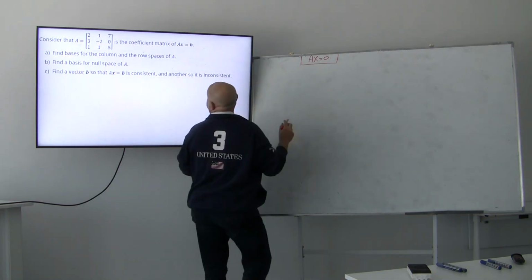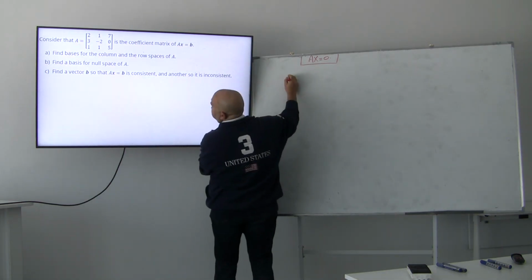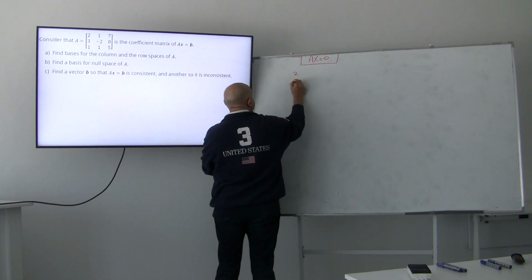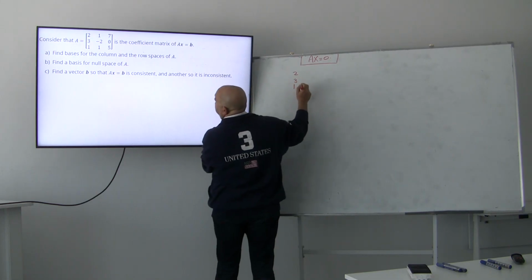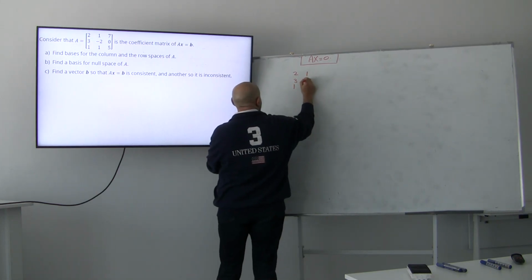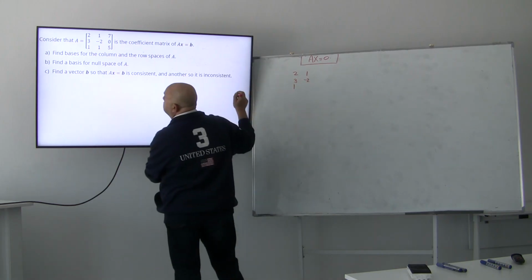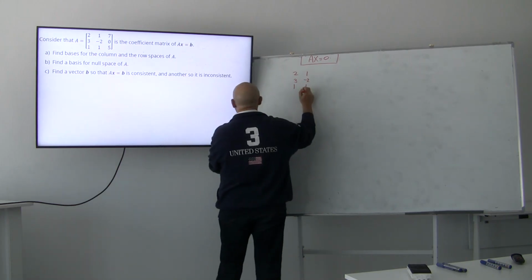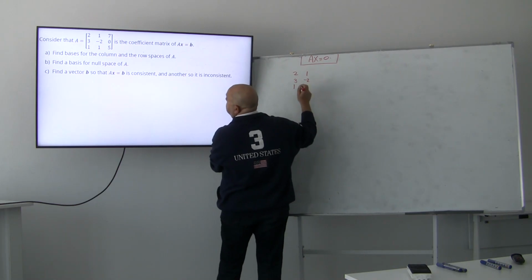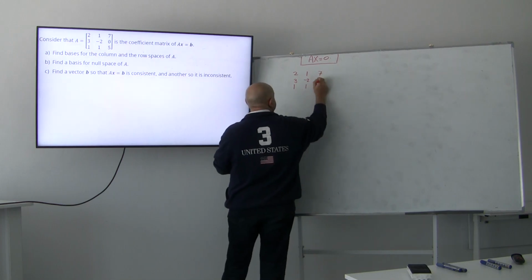So I will start with 2, 3, and 1. Then I will have 1, -2, then 1. Then I will have 7, 0, and 5. This is 7, 0, and 5.